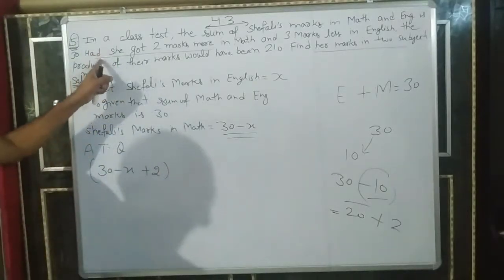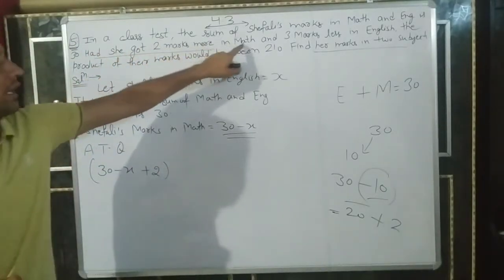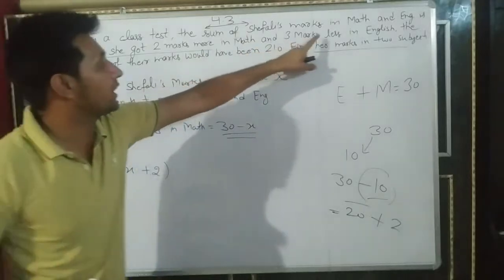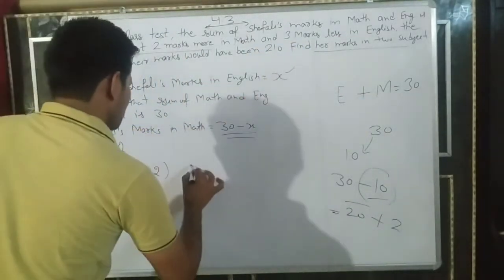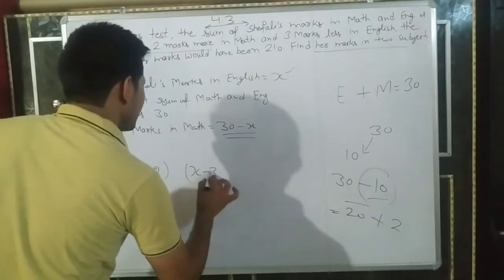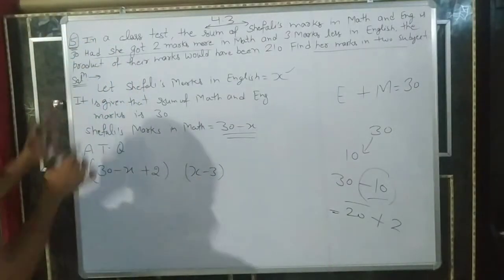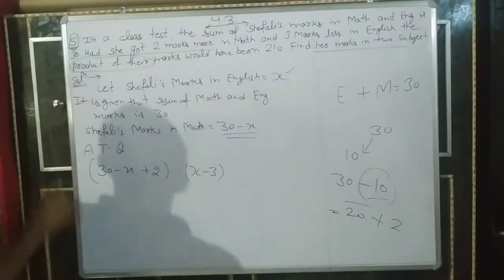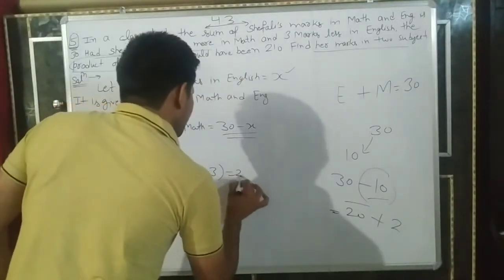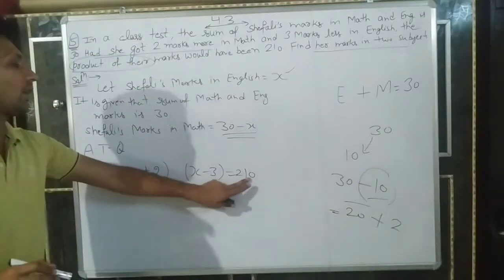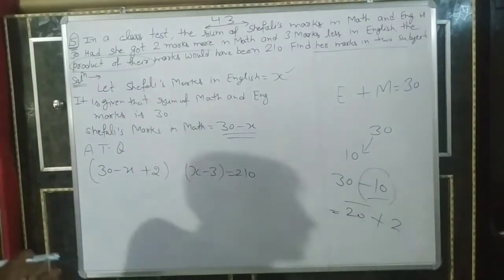Had she got 2 marks more in mathematics and 3 marks less in English. In English how much marks? X. So X minus 3. And what is given? The product of their marks. So the product of math marks into English marks would be 210. So we will convert it into a quadratic equation.